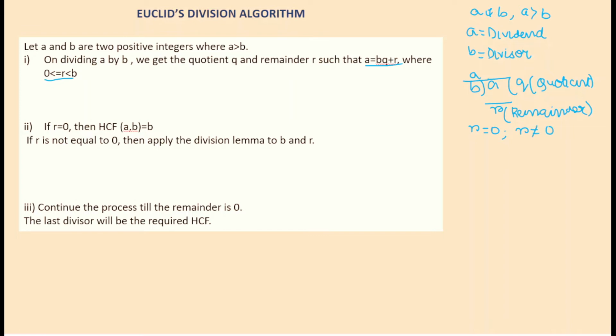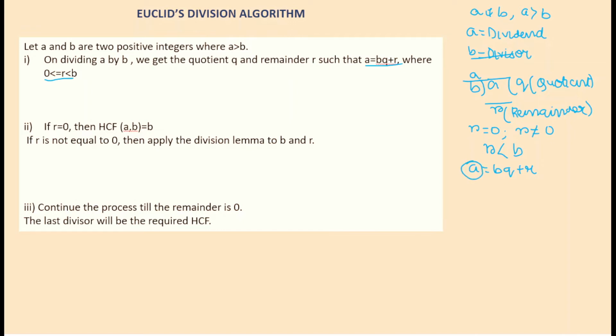But according to Euclid's division lemma, the value of the remainder should be less than the value of the divisor. Everything will be clear when I take an example. According to Euclid's division lemma, A equals BQ plus R, which means the divisor multiplied by the quotient plus the remainder will give you the dividend.